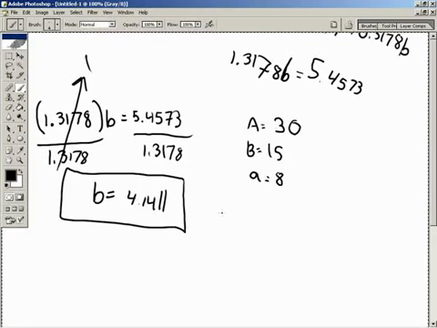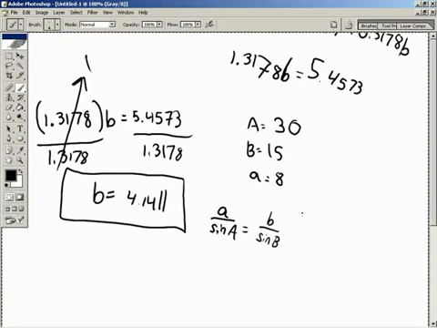Well, a divided by sine A equals b divided by sine B. And I'm just going to check if that gives me the same answer. I believe it should if I have the right A.